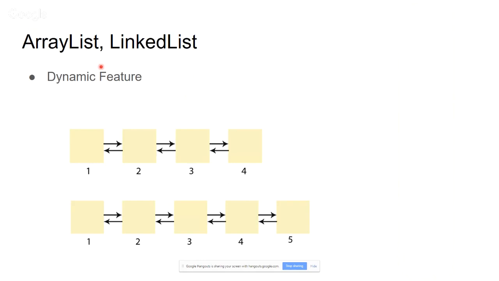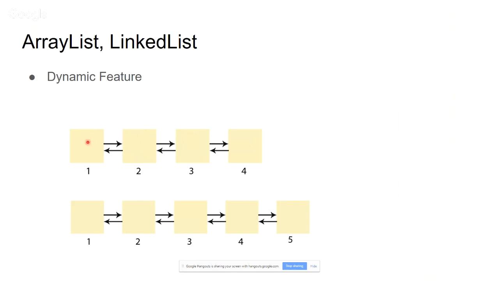Array list and linked list have something called a dynamic feature. The dynamic feature lets us change the size of the array. For example, here in image number 1, we have an array of 4 elements. And the really curious thing about array list is that every block, we're gonna call it a node.